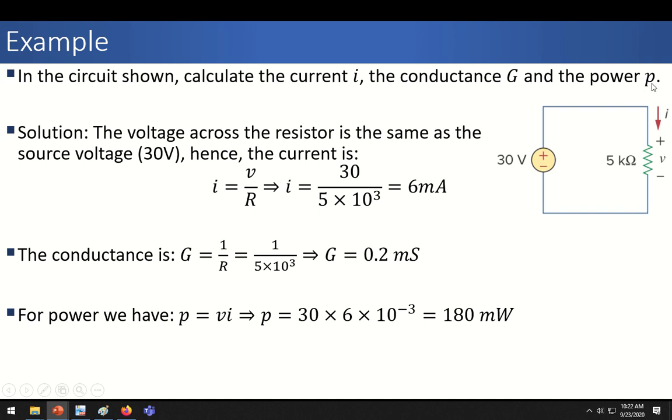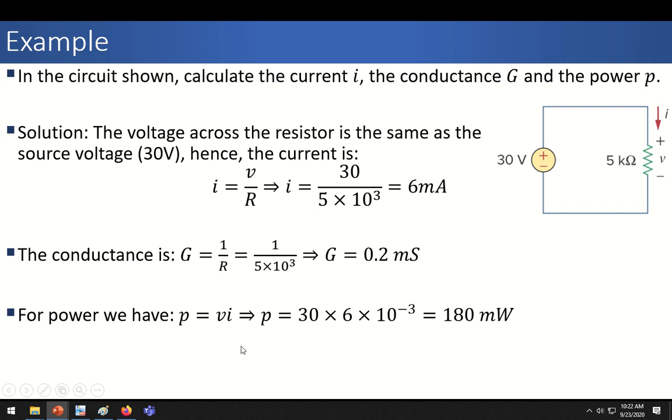The next quantity we want to find is the power being consumed by this resistance. We know that power is equal to VI. The voltage across this resistance is 30 and I is equal to 6 milliampere, so 30 into 6 into 10 power minus 3 will be 180 milliwatts.